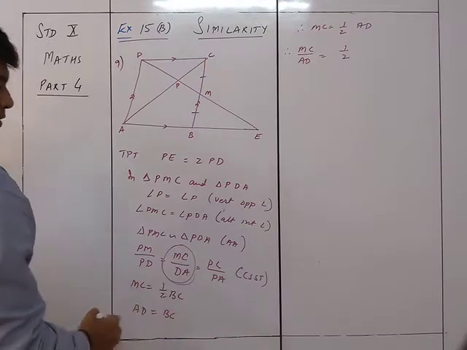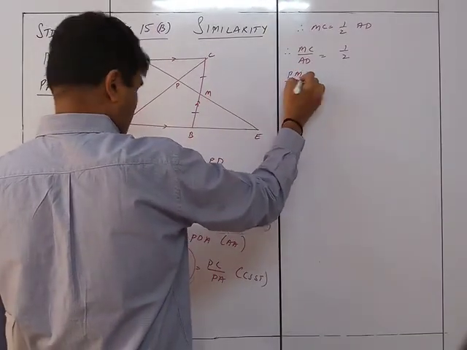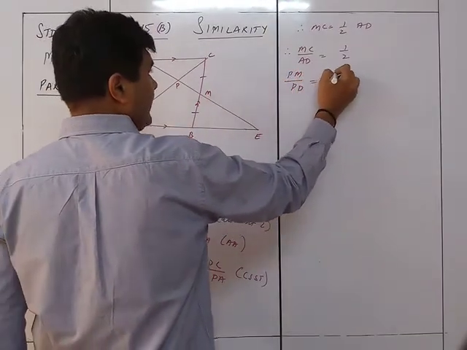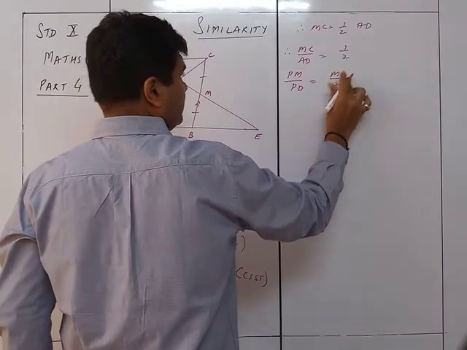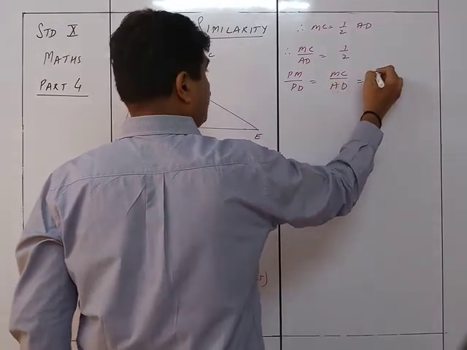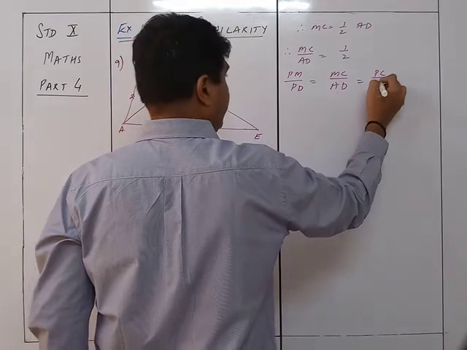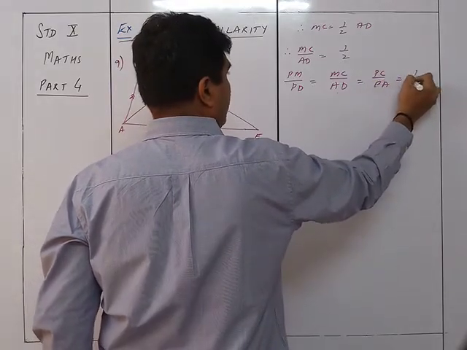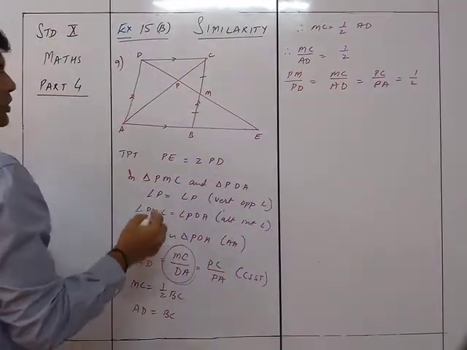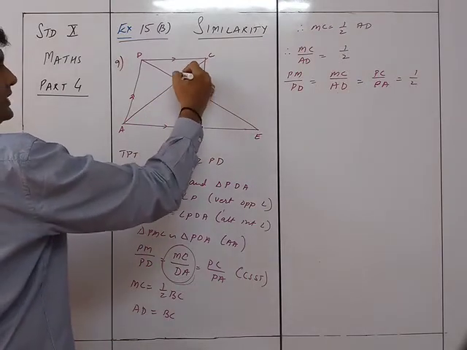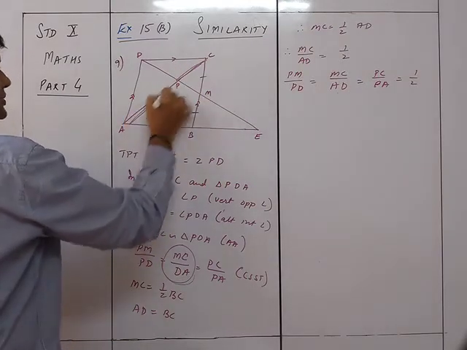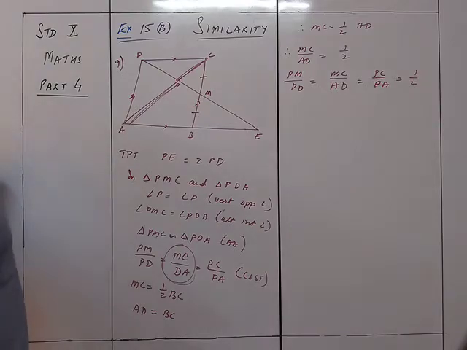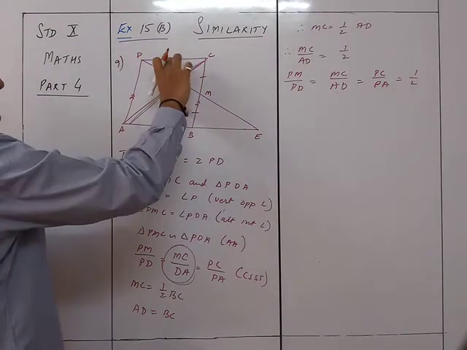So we have PM upon PD is equal to MC upon AD is equal to PC upon PA is equal to 1 upon 2. So now we know that the ratio of this to this is 1 upon 2, and the same holds for the sides of both triangles.